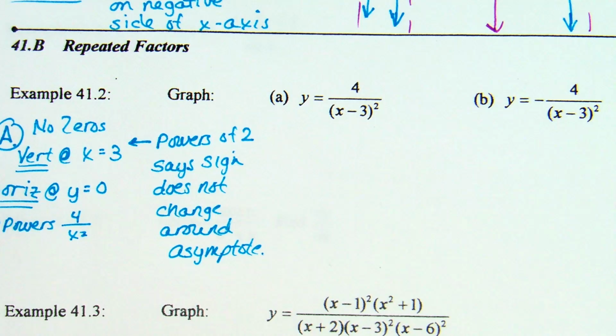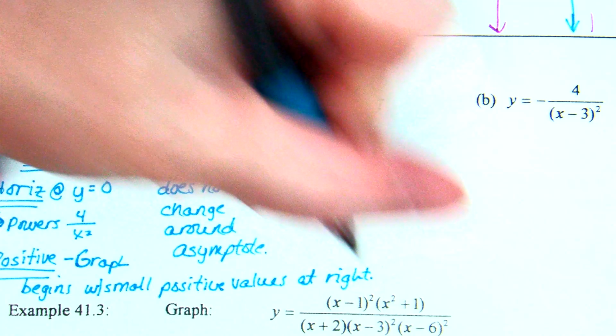No zeros. We had a vertical asymptote at 3. I should have moved my, oh well. We'll make it work. Let's see. No zeros, vertical asymptote at 3, horizontal asymptote along 0. Positive. Positive says we're beginning where? Right here on top. So what's going to happen at first?